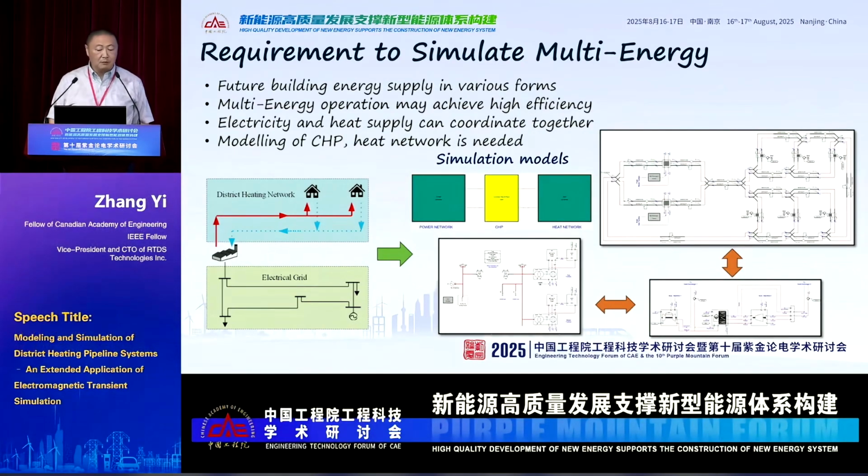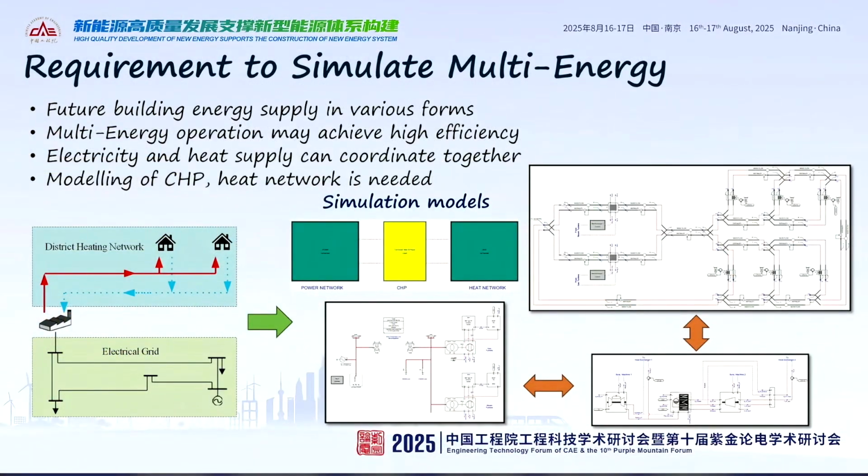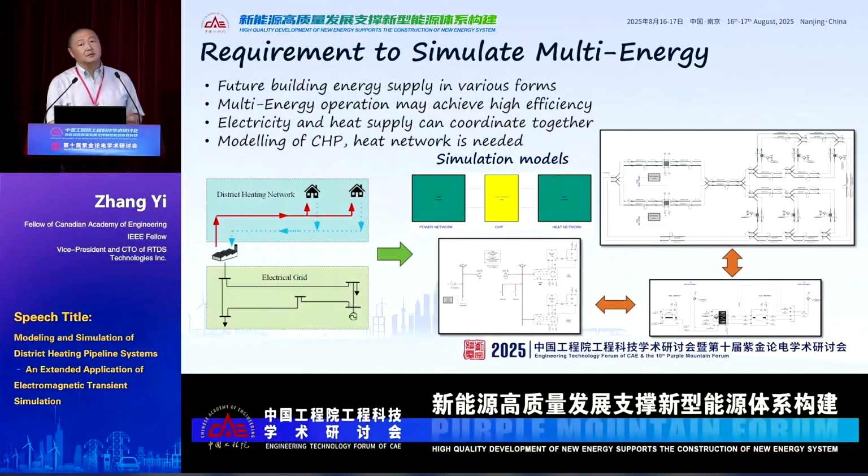So first, the background of the multi-energy flow. In the future, building energy supply will come in various forms. Now, for residential and office buildings, the energy supply is usually all electrical.